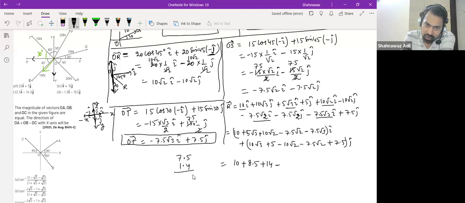So this is 10.5, and this is how much? 7.5 into 1.7, so 12.75.